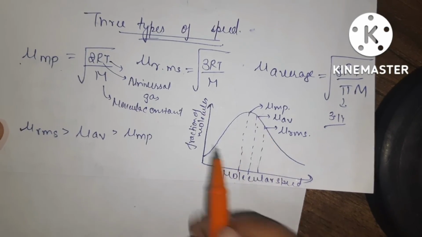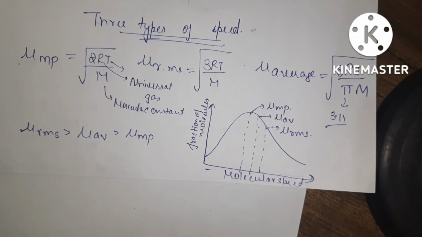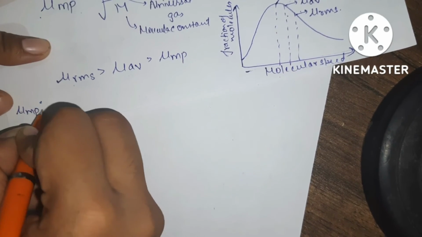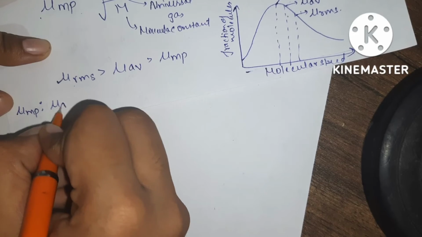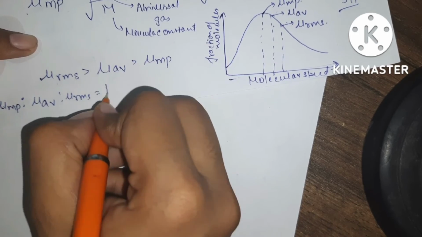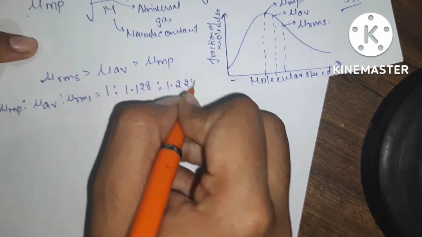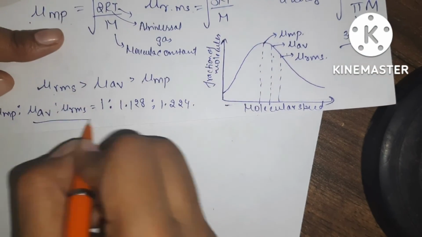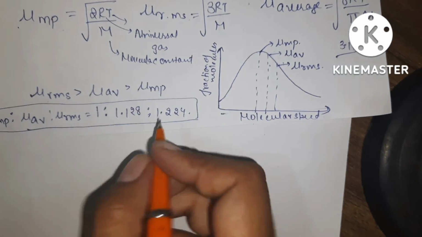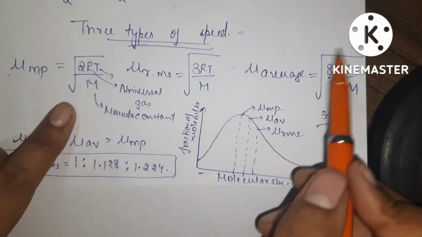From the x-axis you can say that URMS will be the highest one. If I take the ratio of UMP, U average and URMS, the ratio is 1:1.128:1.224. I think you should remember this value, because it is going to take a lot of time to calculate in the exam.